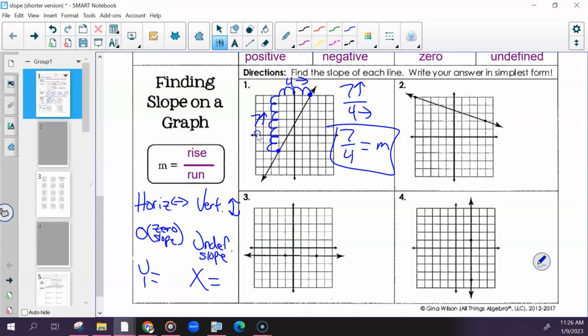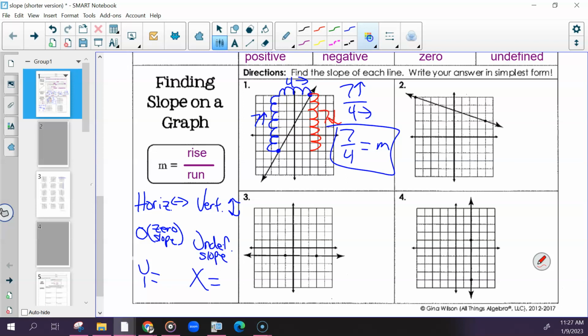Questions on that before I show you one other thing on this example? So if you want to do this always going one set of directions, that's fine. So we went up and then to the right, looking at this left to right. But if you see this the other way, let's say you see this point first and you want to go down to this point, that's also fine. You would still do your rise, but in this case, you can't go up, you have to go down.